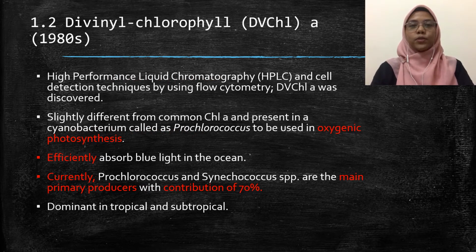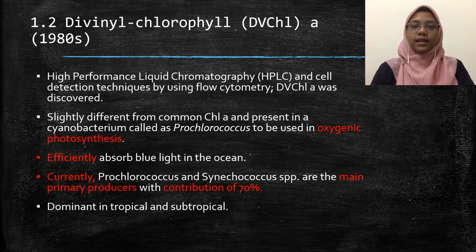Next, 1.2, the discovery of divinyl chlorophyll a in the 1980s. By this year, instruments that can identify compounds as tiny as parts per trillion, called high performance liquid chromatography, and cell detection techniques using flow cytometry were available. With these instruments, DV chlorophyll a was discovered.